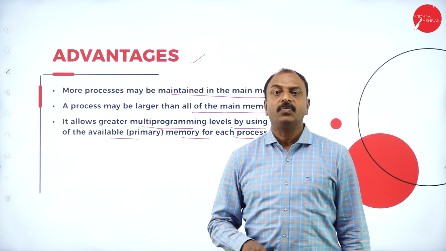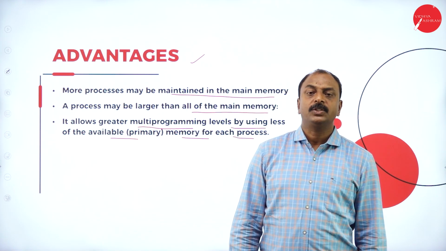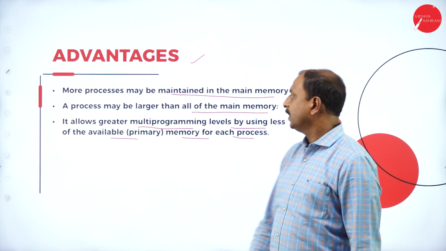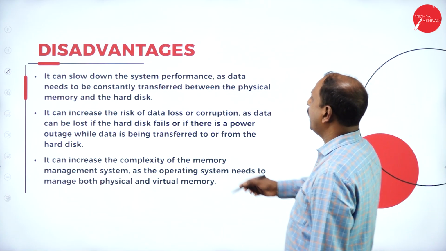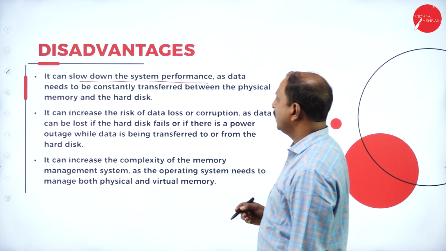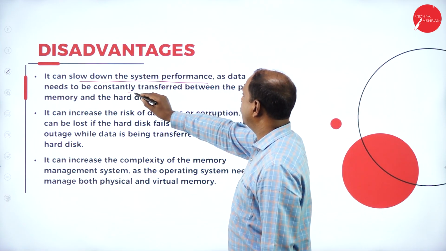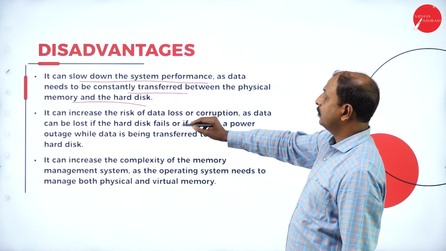So the concept of virtual memory is going to increase the space of main memory for processing. So these are the advantages. Now let us see the drawbacks. It can slow down the system performance, as the data needs to be constantly transferred between the physical memory and the hard disk. So it means swapping.